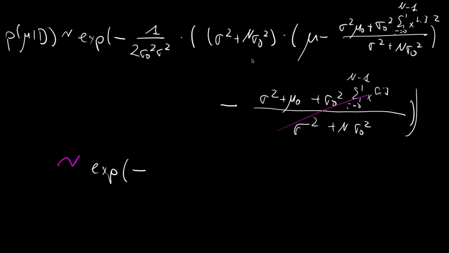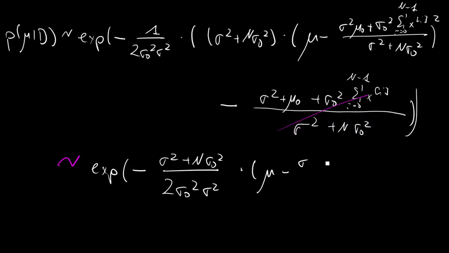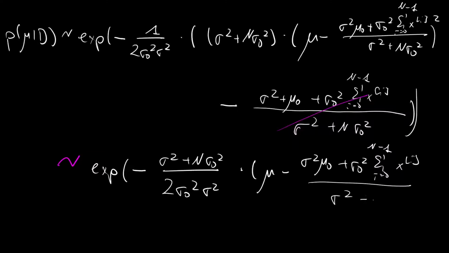So we have minus, and then we can multiply this back in, and we have sigma squared plus n sigma 0 squared over 2 sigma 0 squared sigma squared times mu minus, and this lengthy term, which is sigma squared mu 0 plus sigma 0 squared, the summation from i=0 to capital N minus 1 over xi, divided by sigma squared plus n sigma 0 squared, and then closing brackets squared, and then closing brackets for the exponential.